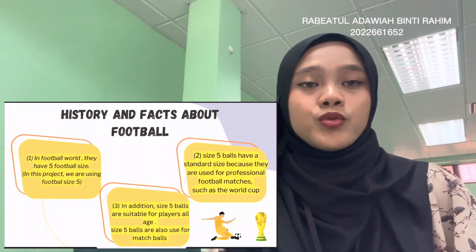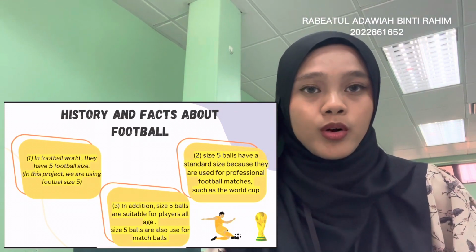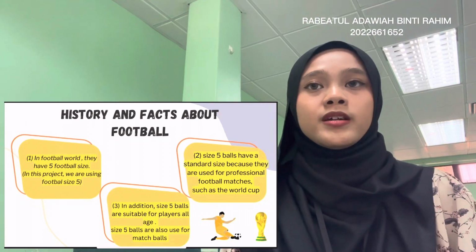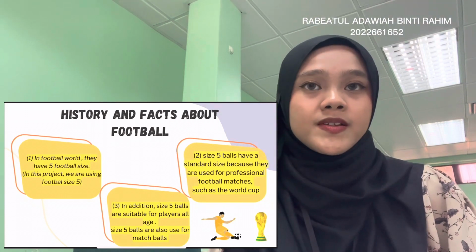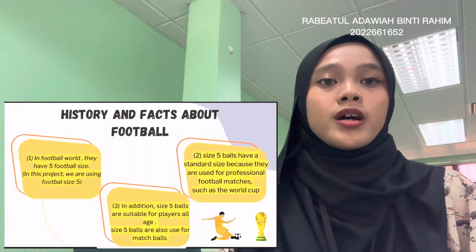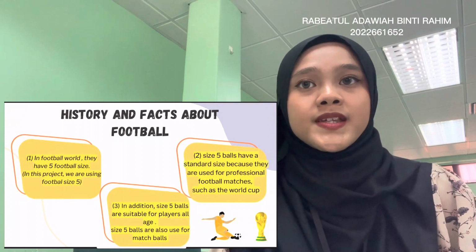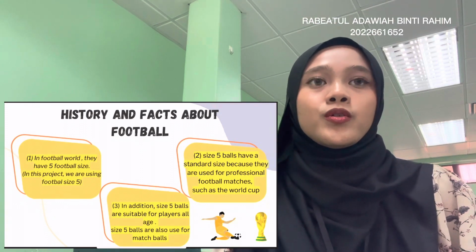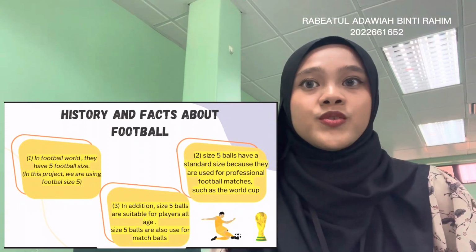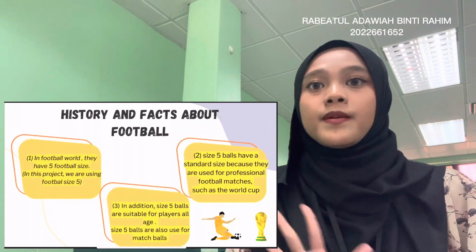So our second topic for us to discuss is about football. So here is the history and facts about football. Firstly, in the football world, there are 5 football sizes. In our project, we are using football size 5.